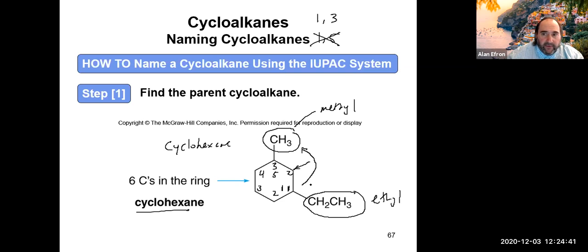And the name that we would want to come up with on this guy would be 1-ethyl, again, alphabetical, and then what do we have there? 3-methylcyclohexane. So if you do have more than one group attached, you do have to give that location, alphabetically, whichever way gives the smallest numbers. Doing that is the way that you would want to go. Questions on that?